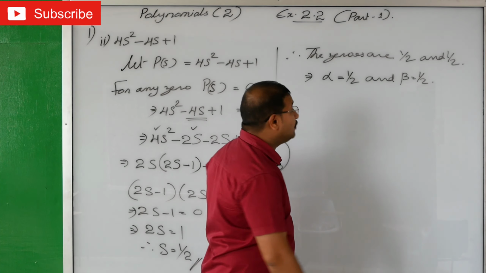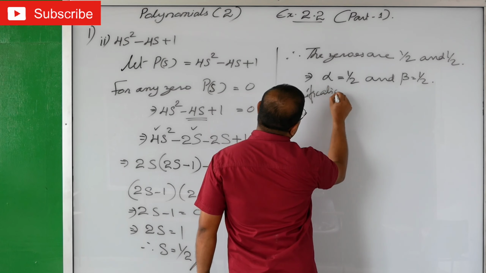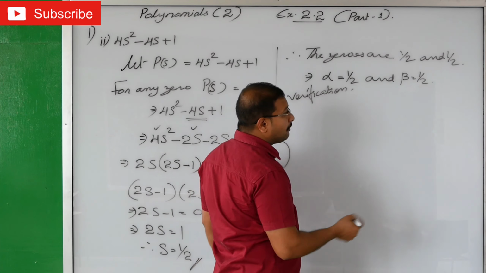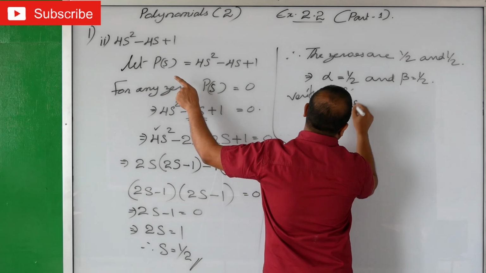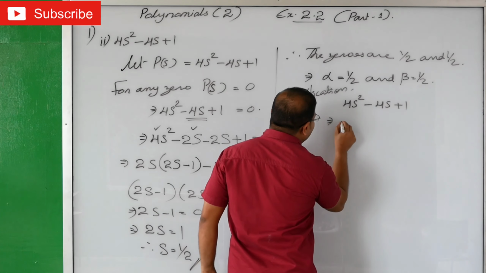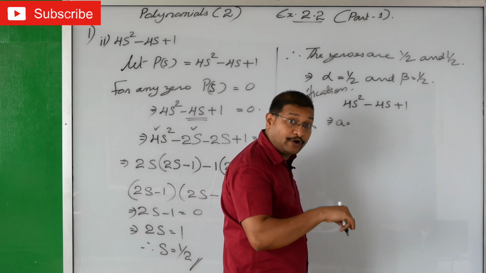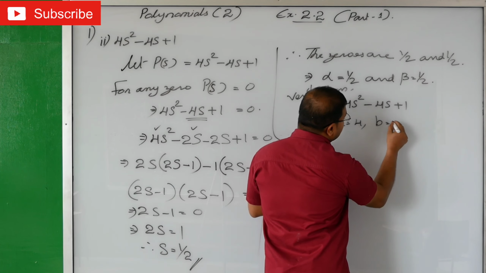Now we'll go for verification. What we'll do first? We'll write the given polynomial. What is that? 4s square minus 4s plus 1. This implies what is the value of a, which is near to s square? That is 4. What is the value of b? That is minus 4.